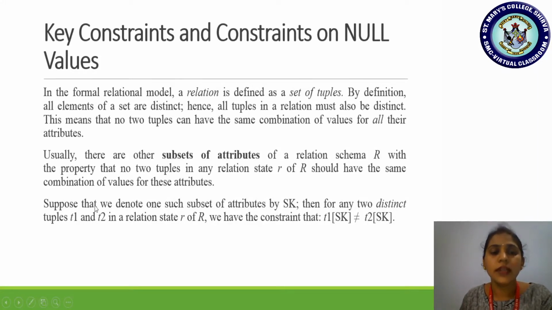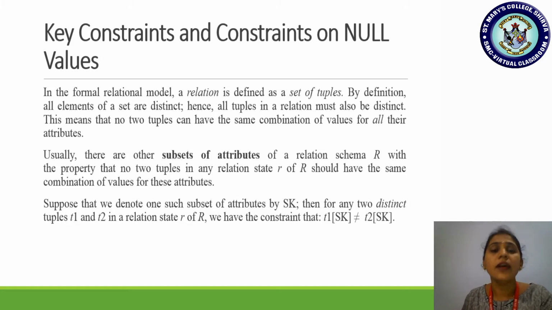So what is that? Suppose that we denote one such subset of attributes by SK. What do you mean by a subset of attributes? For example, in a student relation we have 7 attributes. Till now we have said that roll number is a primary key, a unique key.